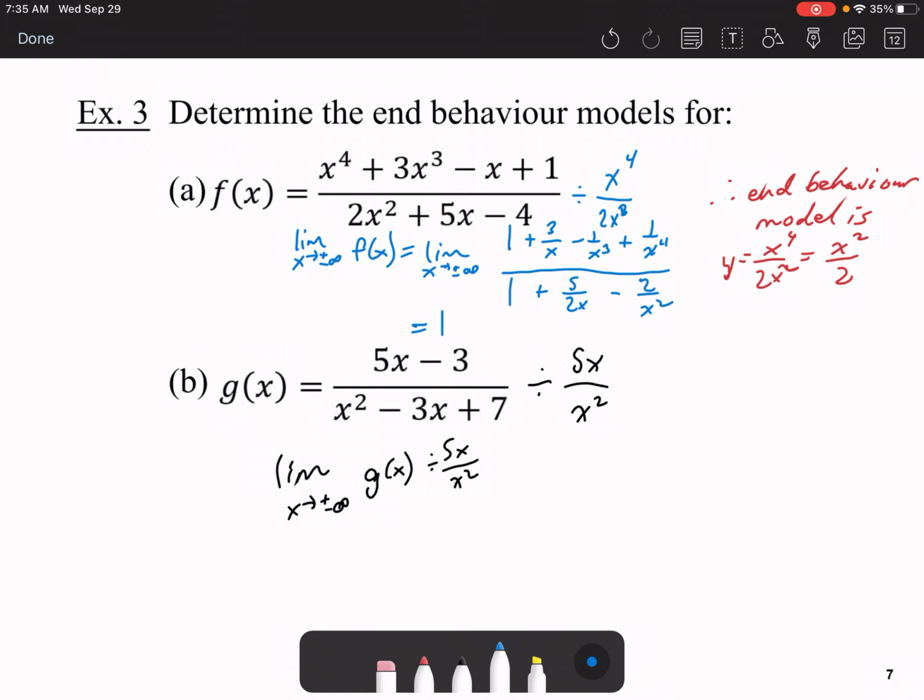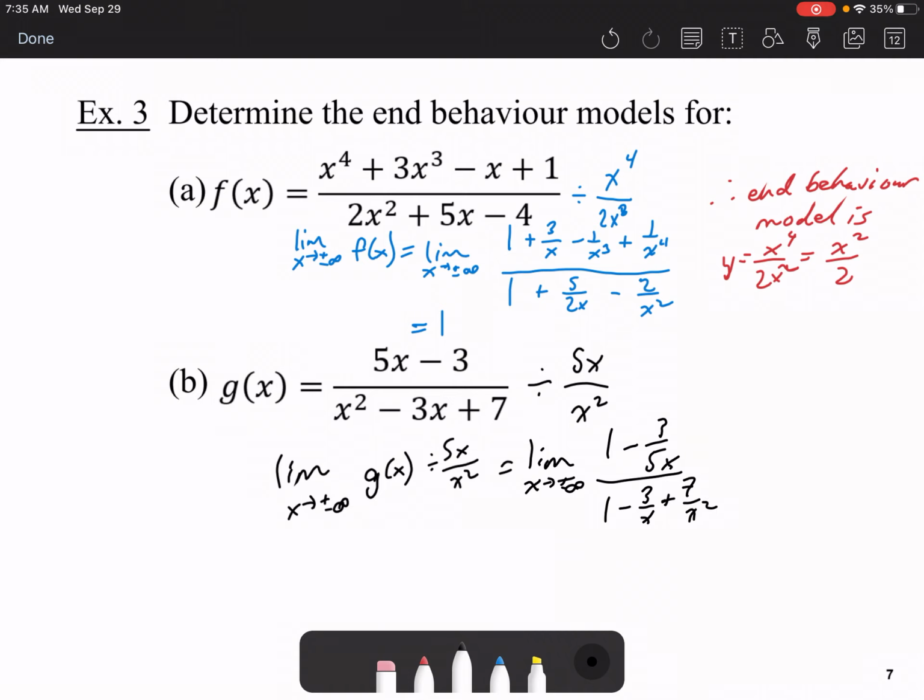Equals 1 minus 3 over 5x. Limit, I forgot the limit there. Limit as x approaches plus or minus infinity of 1 minus 3 over 5x, all over 1 minus 3 over x plus 7 over x squared.